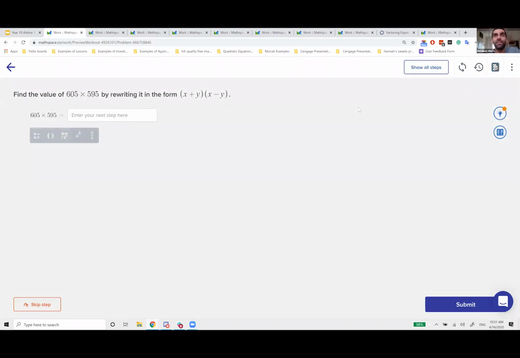Anyone got any suggestions on what I'm going to use for the x and the y here? Nothing in the chat? We want to start with the number x, and then we're going to add something to it.